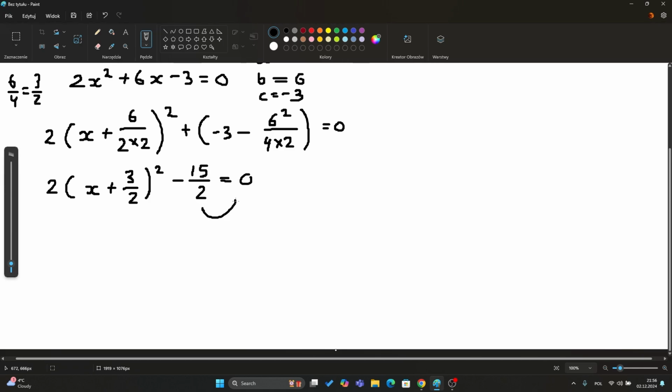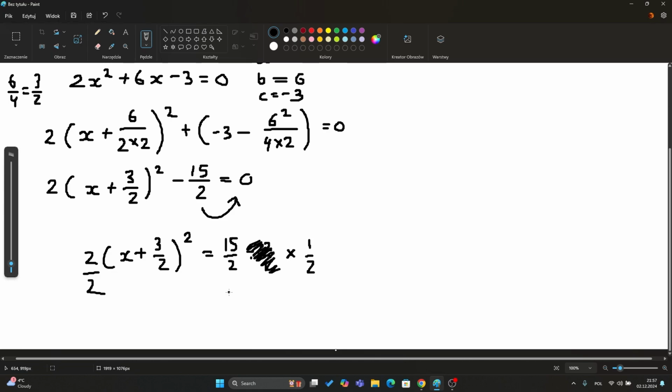Now you put this to the other side to get 15 over 2. Now you divide both sides by 2, which is the same as multiplying by a half, and that is 15 over 4.